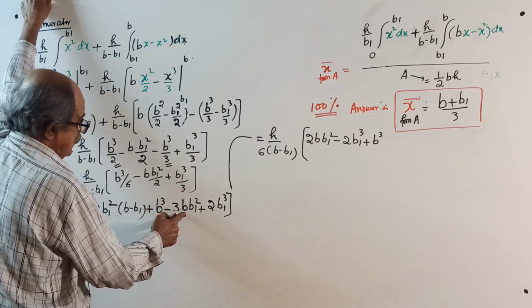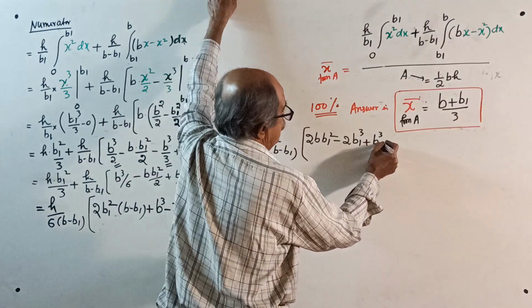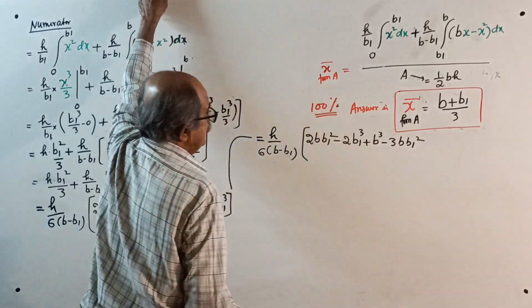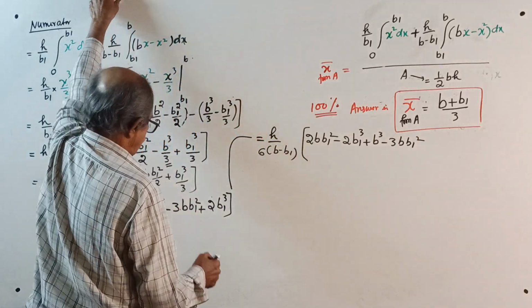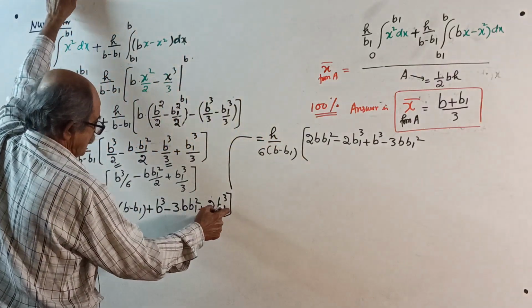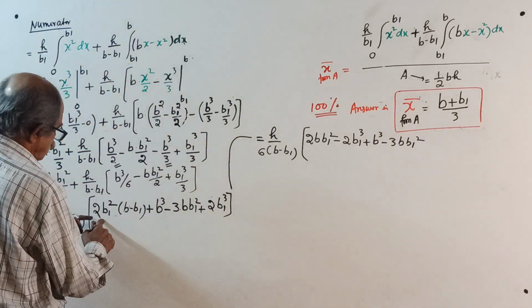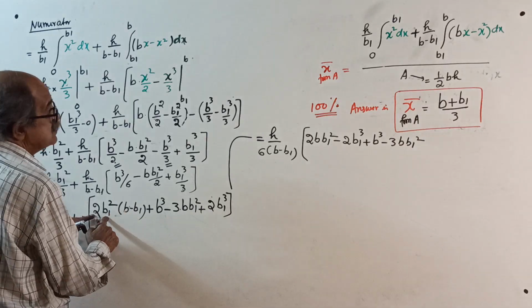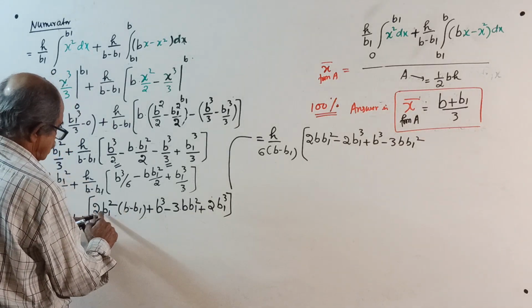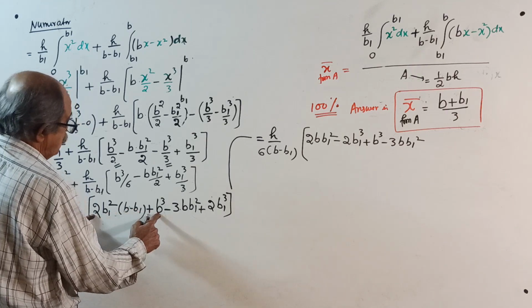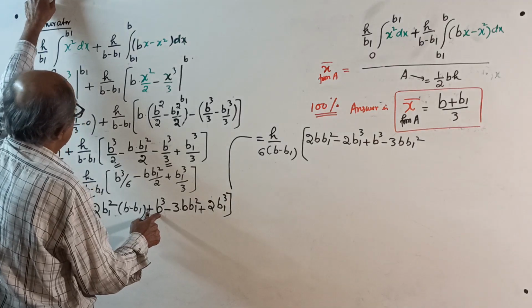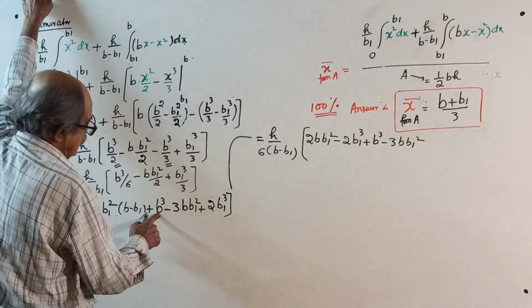Then minus 3b1 square, minus 3b1 square, 3b1 square, 3b1 square, and then 2b1 square minus 2b1 cube plus b cube. How did that b cube come without any multiplying? Okay, upper limit.